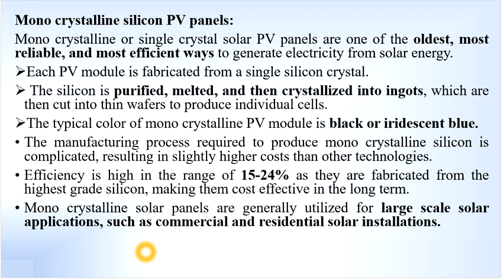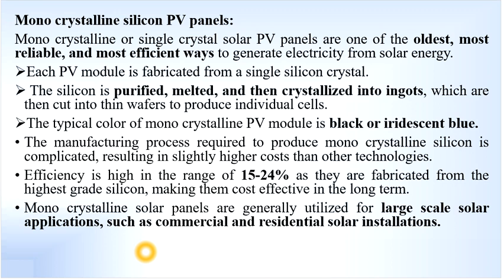You might have observed the blue color. It can even be black, right? And the manufacturing process required to produce monocrystalline silicon is complicated, resulting in slightly higher cost than other technologies.